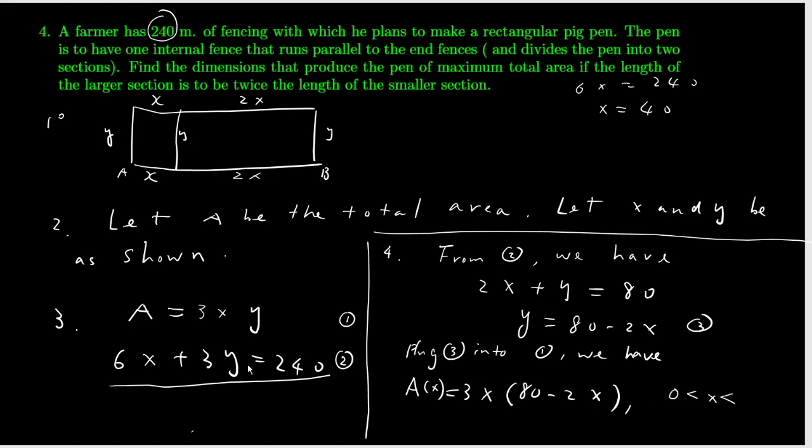And then the largest possible value of x is determined by the smallest possible value of y, which is 40. At this point, the problem is converted to a mathematical problem. It's converted to the problem of finding the maximum value of A when x is from 0 to 40.